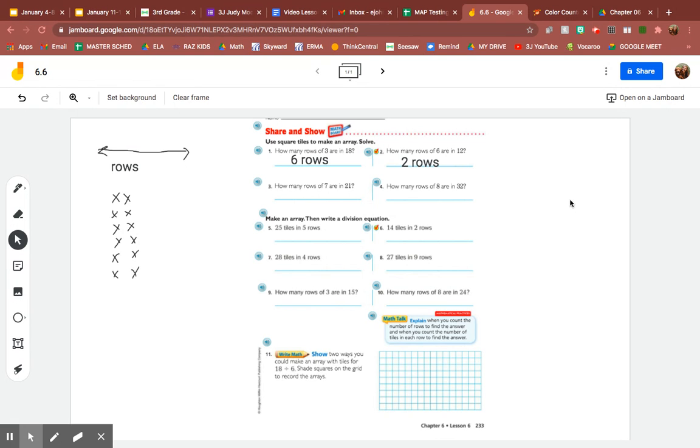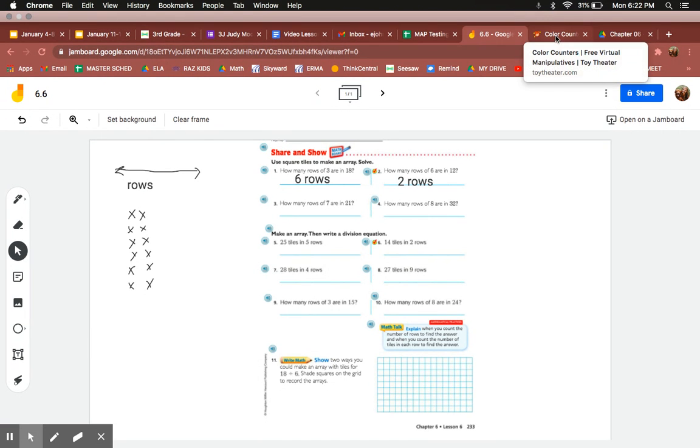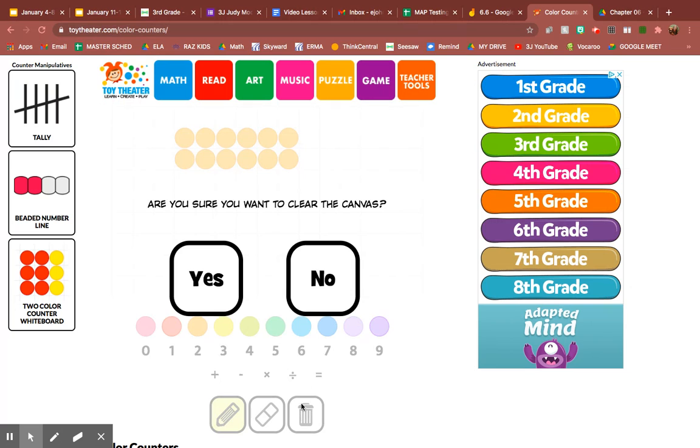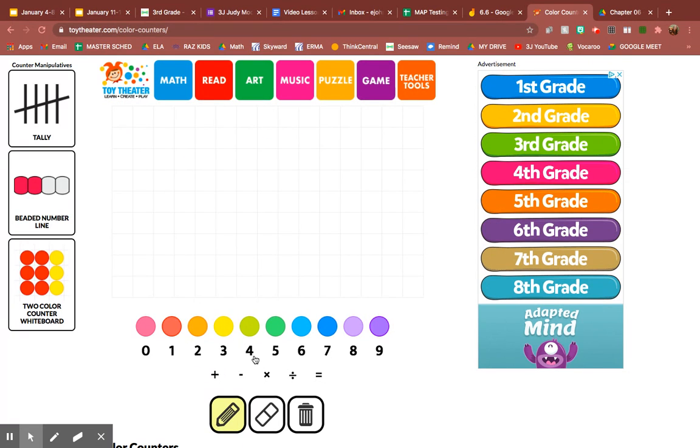The next one is how many rows of 7 are in 21? I'm going to have to clear this and make rows of 7 until I get to 21. 1, 2, 3, 4, 5, 6, 7. There's 1 row of 7. Remember, I'm making rows of 7 until I get to 21.